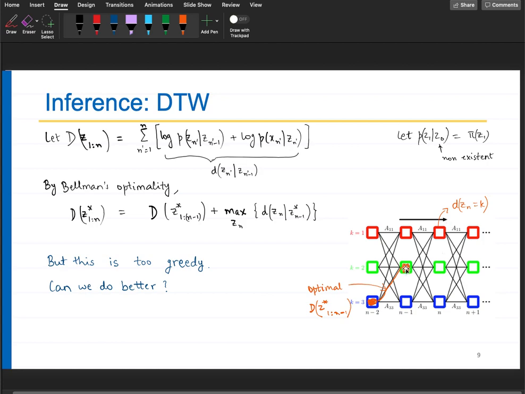I'll go to that node and capture it. In this way, I can find the entire path. You remember Bellman's optimality condition, that D of Z1 to n can be broken down into D of Z1 to n minus 1, the optimal part, where you have already reached, plus this part, where you are now looking at the next nodes, which one I should use to make the transition. Is this clear?